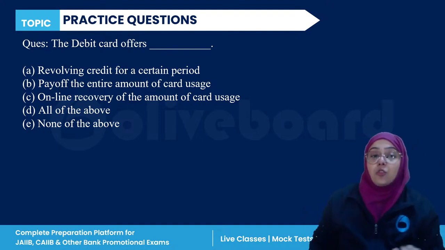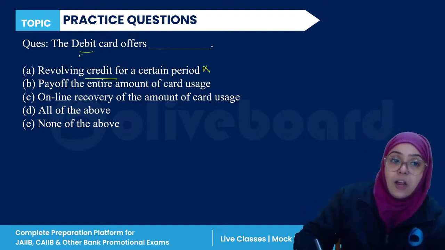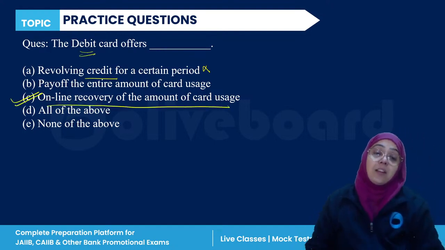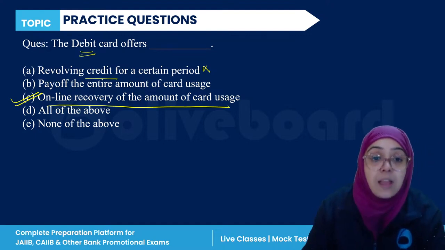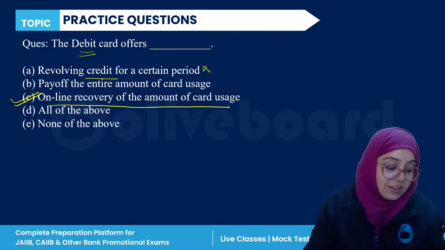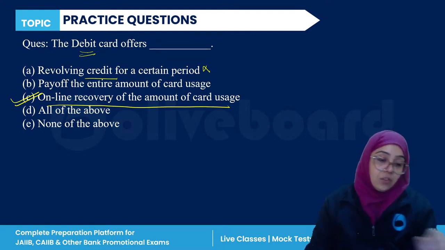The debit card. So obviously A cannot be the answer because it is the credit card. Now debit card offers you the online recovery of the amount of the card usage. C is the correct answer. Debit card offers you the online recovery of the amount of card usage, right? So C is the correct answer, right?